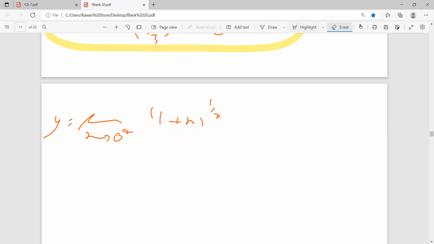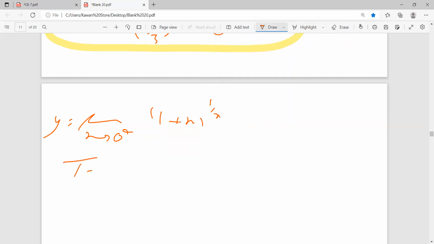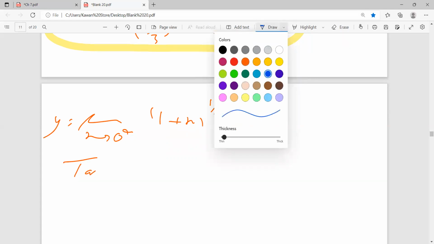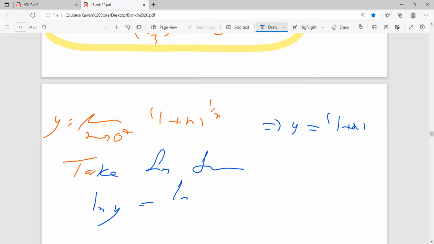I say take ln for both sides. Before the limit, let us say y equals (1 plus x) to the power 1 over x.